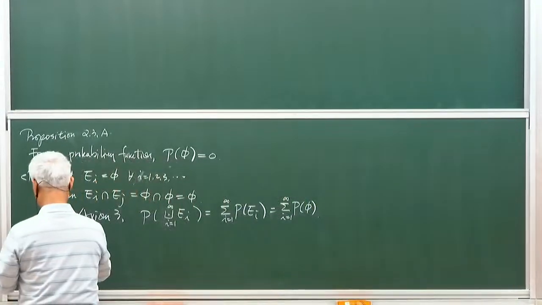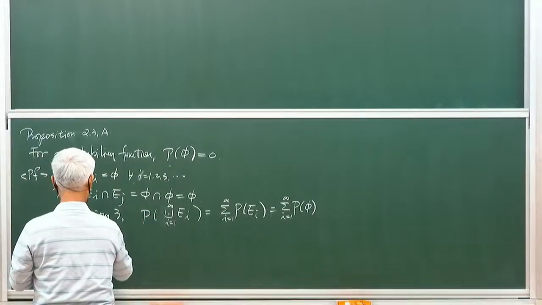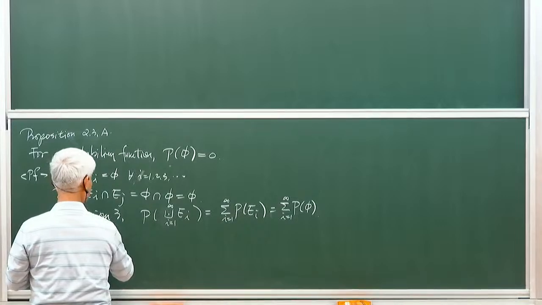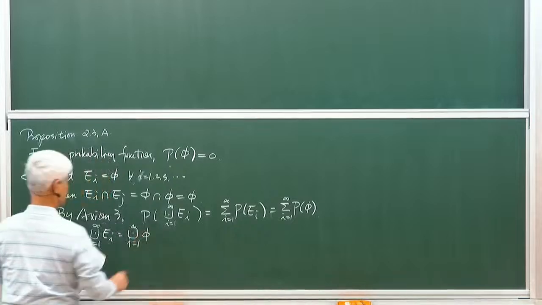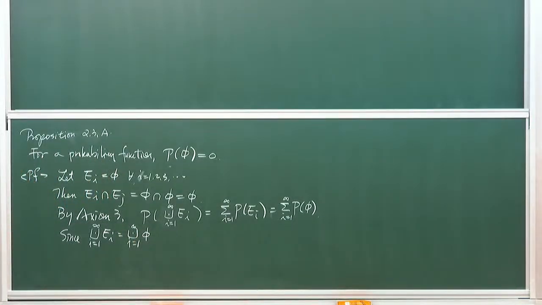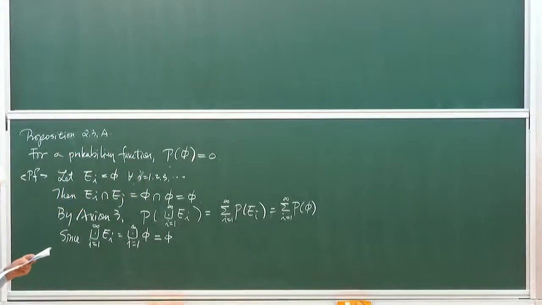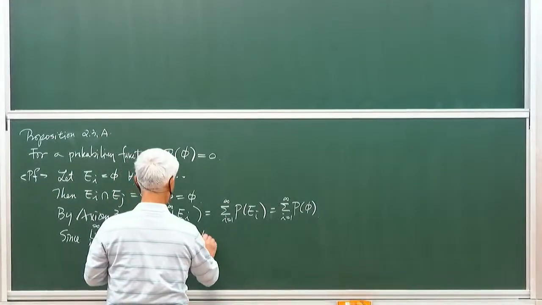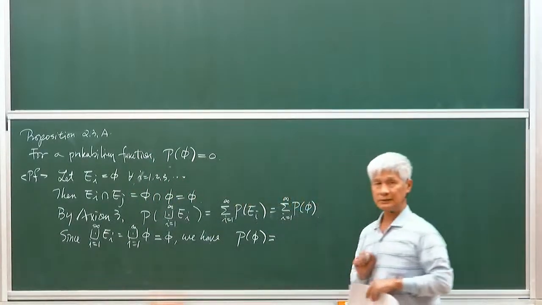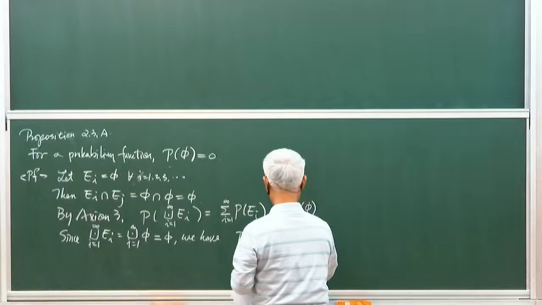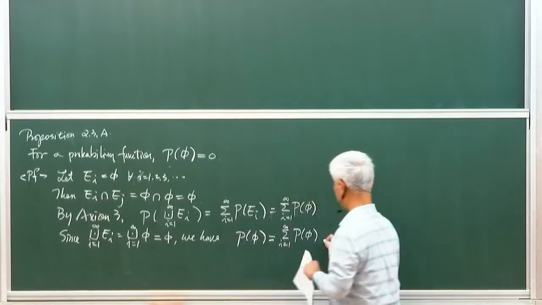Since the disjoint union of E sub i is just the disjoint union of empty sets, this is of course the empty set. So we have that the probability of the empty set is equal to the summation of the probability of the empty set.